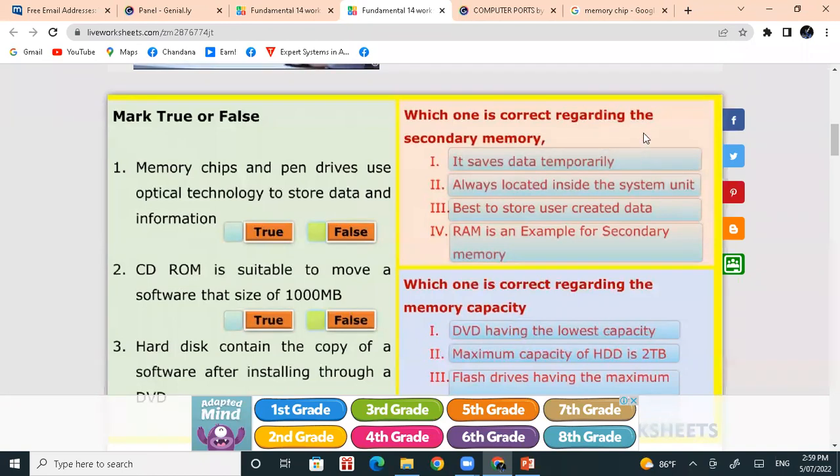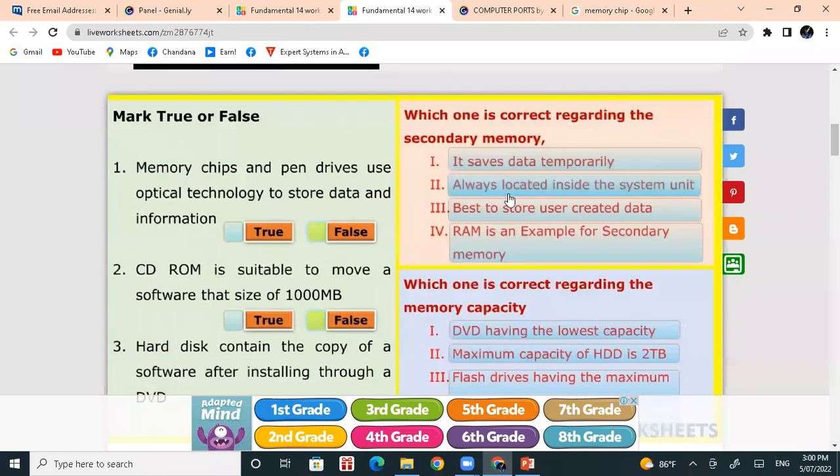Is it correct? No, sir. Secondary memory is normally used to store data required for a long time, permanently, not temporarily. The data in primary memories is temporary. Therefore, the first statement is incorrect.